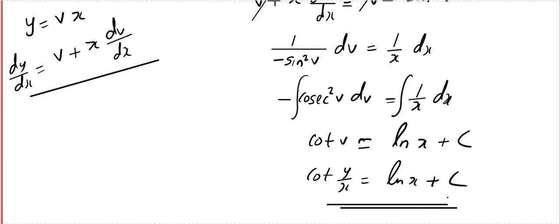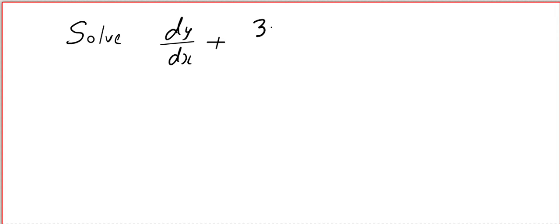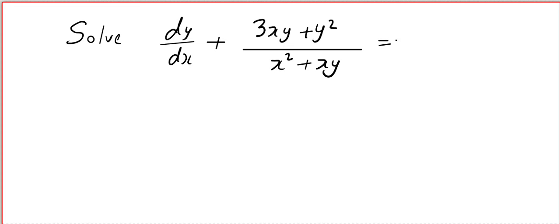Now let's go for the next question. So we have: solve dy by dx plus 3xy plus y square by x square plus xy is equal to 0. Okay, now look at this.